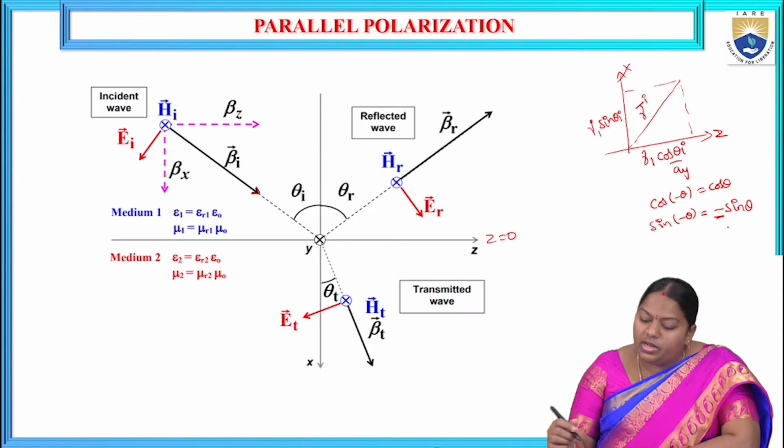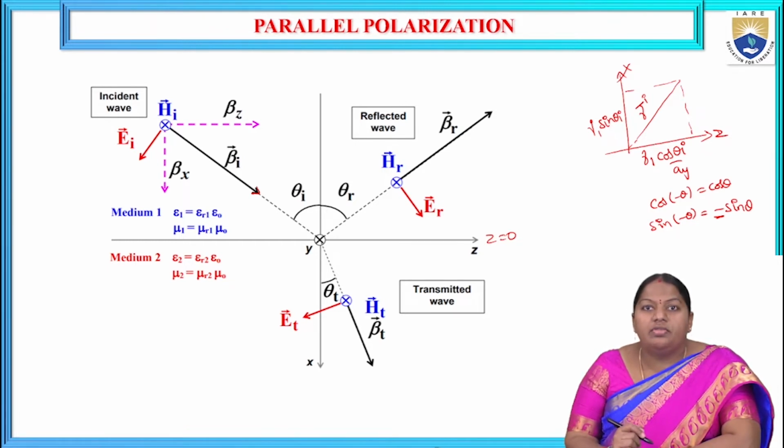So depending upon this, the propagation vector can be written for the electric field strength and the magnetic field strengths for the incident, reflected and transmitted waves, where the incident and transmitted waves are considered in the first quadrant of the XZ plane only, whereas for the reflected wave, it will be the second quadrant of the XZ plane.